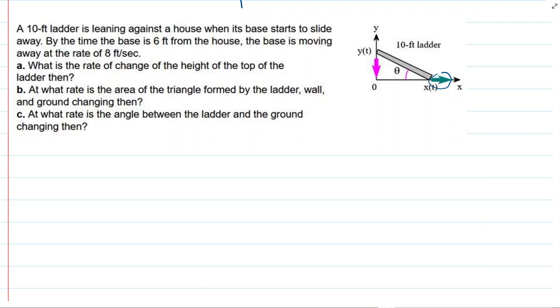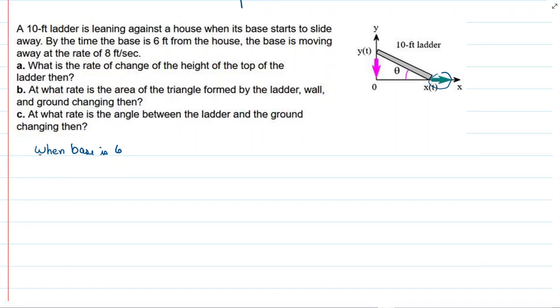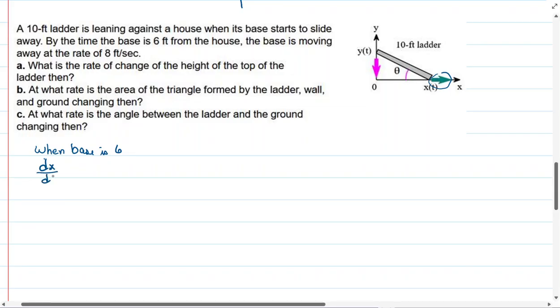By the time the base is 6 from the house, the base is moving away at a rate of dx/dt. Sorry about that. It's on the base. And it's positive at a rate of 8 feet per second.